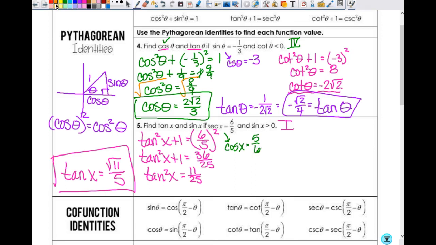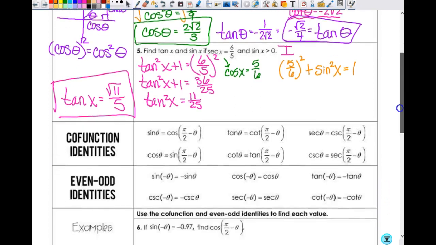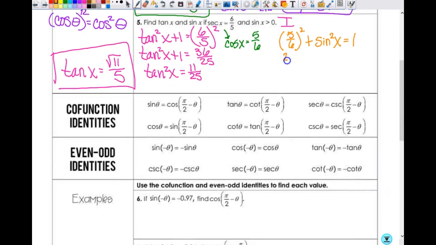So now I can get sine just by using that original Pythagorean identity. Cosine squared theta, so this is 5/6 squared, plus sine squared x, I'm sorry, x rather, is equal to 1. So this gives me 25/36 plus sine squared x equals 1. So I'm subtracting 25/36, which my 1 I really want to think of as 36/36.